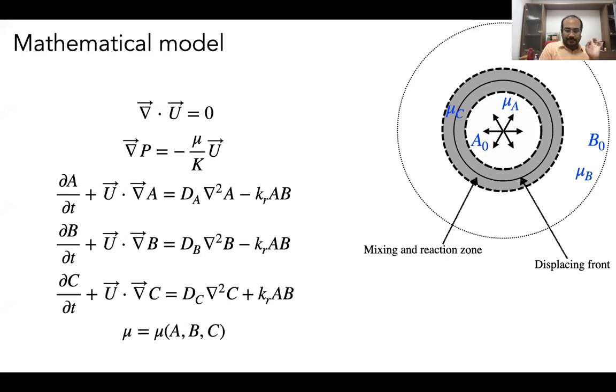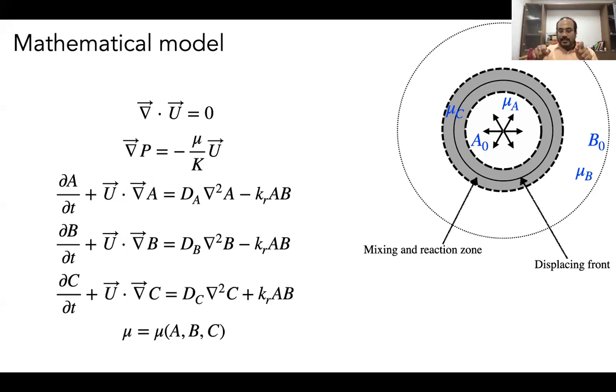So first we consider the most general setup of our domain. Just for visualization purposes I have shown the domain as circular, but whether we consider a circular or a square domain is not important. The important thing is how we write down the mathematical models and the characterization of the parameters, etc. So this is again just a representation of all the things I told: a reactant A is injected from the center, which displaces another reactant B and forms a product C, which is shown here in the gray region.